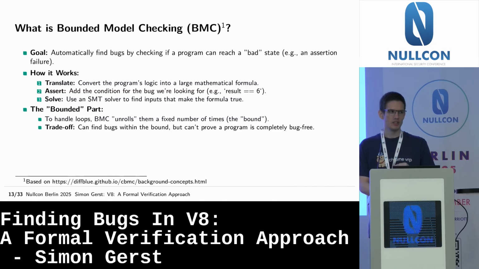But if you know that you have unrolled every potential loop often enough, then you can also prove that your program is bug-free. For example, if you know that every loop is executed at most 10 times and you've unrolled it 20 times, then you can be sure that all loops have been accounted for.